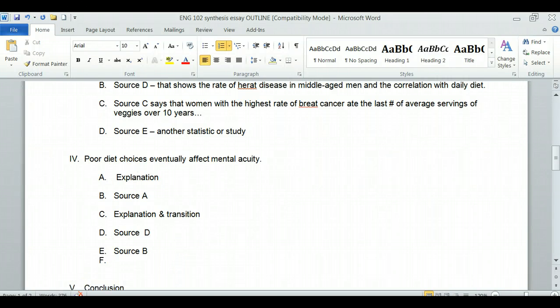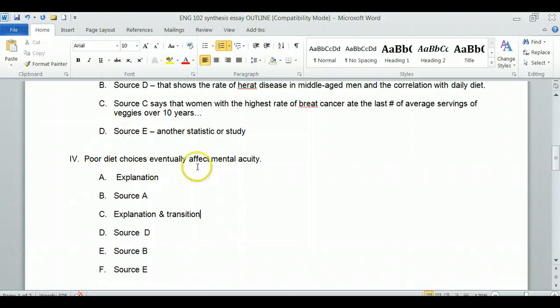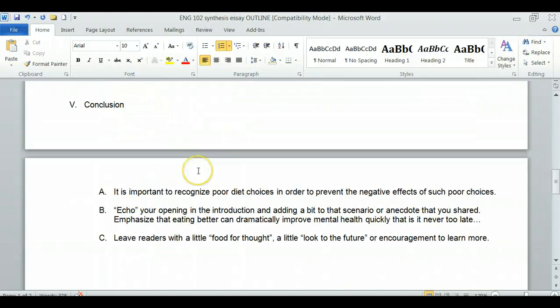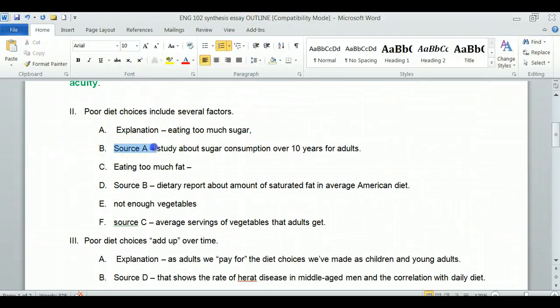Oh, yeah, actually, I'm looking at my notes. Source E also mentions something about this that I want to include. And I might realize, wow, I've got a lot in here. And so at some point, I'm going to come up with another paragraph about mental acuity and poor diet choices. But this kind of gives you a visual map, too, of when to use which part of the source.